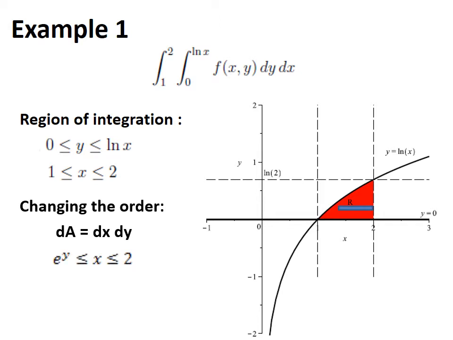Now we are going to fix how to change the order of integration, that is, the elemental area dA we are going to take as dx dy. So you have to take the strip parallel to the x-axis.